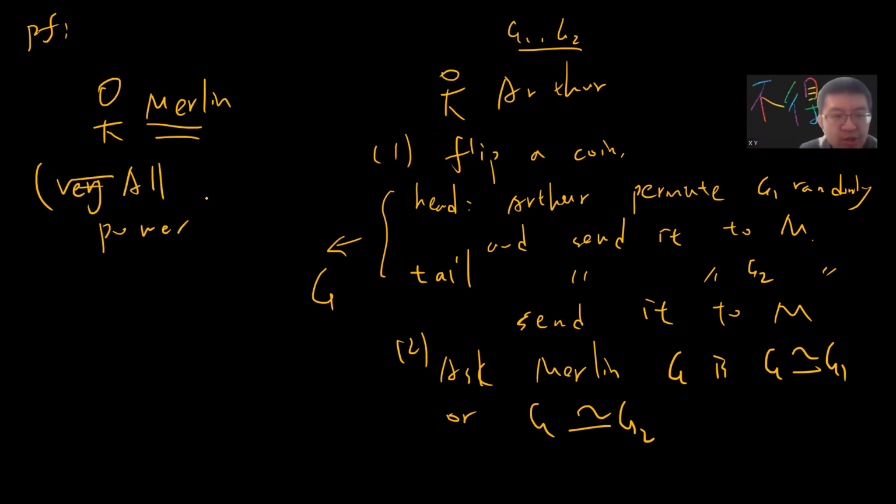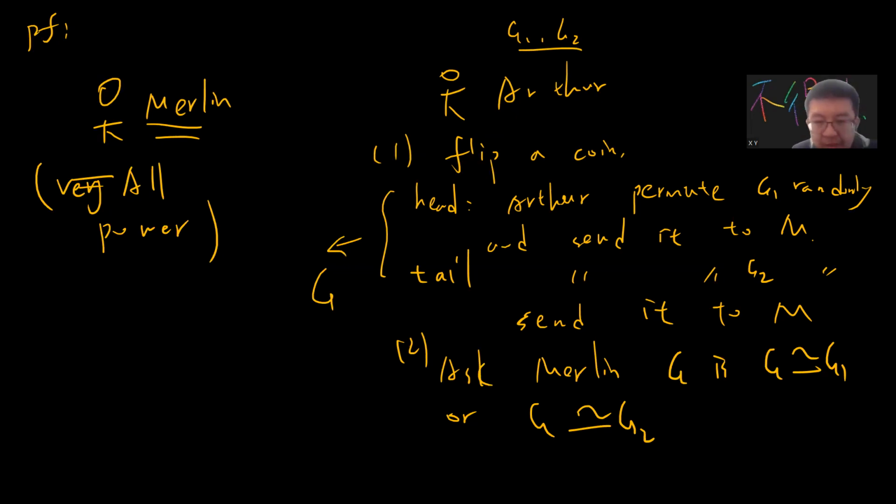Merlin can solve any problem, even ones that cannot be solved using a Turing machine. So Arthur randomly flips a coin, and if it's heads, Arthur first permutes G1 and sends it. So Merlin doesn't know whether it came from G1 or not.